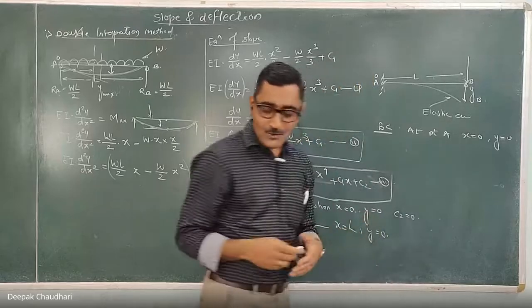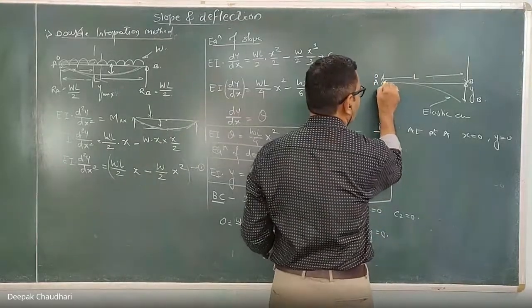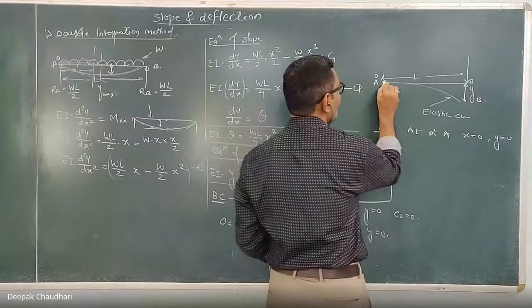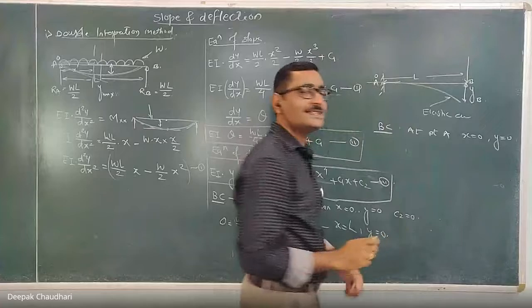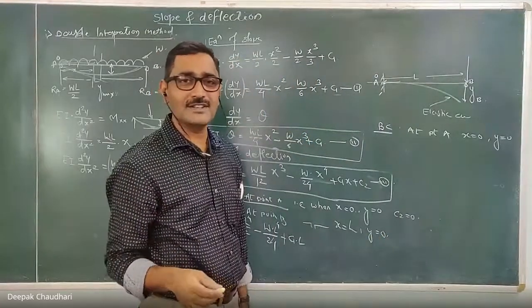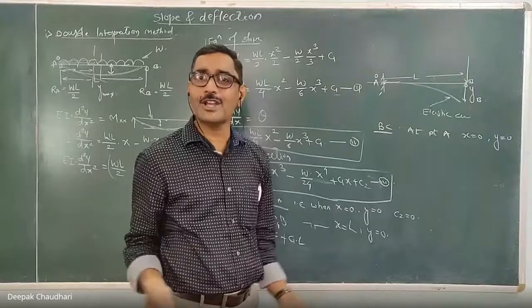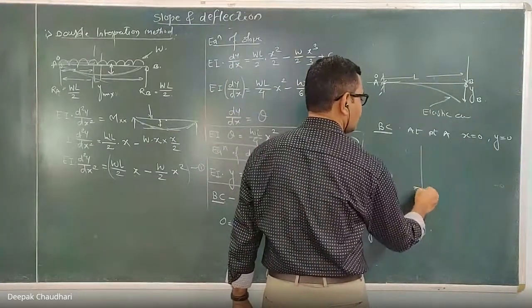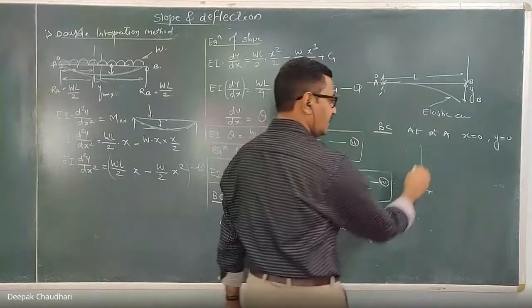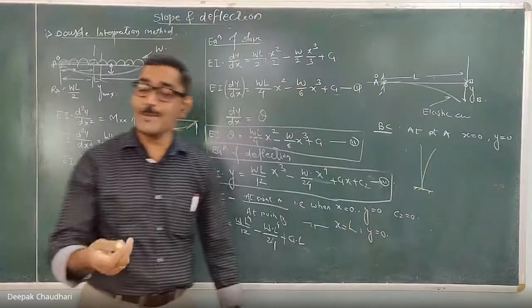Whenever there is a cantilever beam, remember at this point A, the deflection is 0, and this is the elastic curve. So at point A, if you draw the tangent to this elastic curve, the tangent is horizontal. This holds for a cantilever beam or at any fixed support. Even if there is a column whose one end is fixed and the other end is free, because of the loading it will deflect like this; we are going to study this in column and strut, one more lesson.